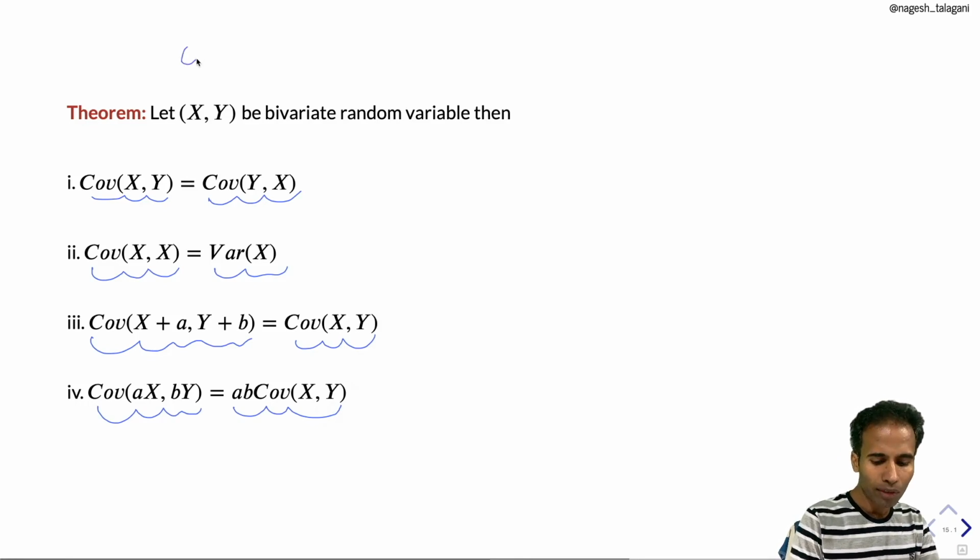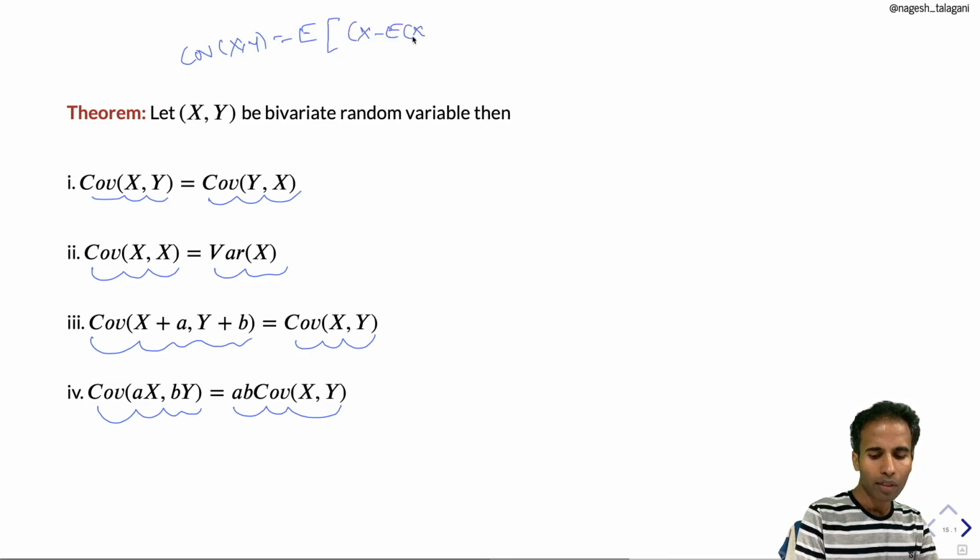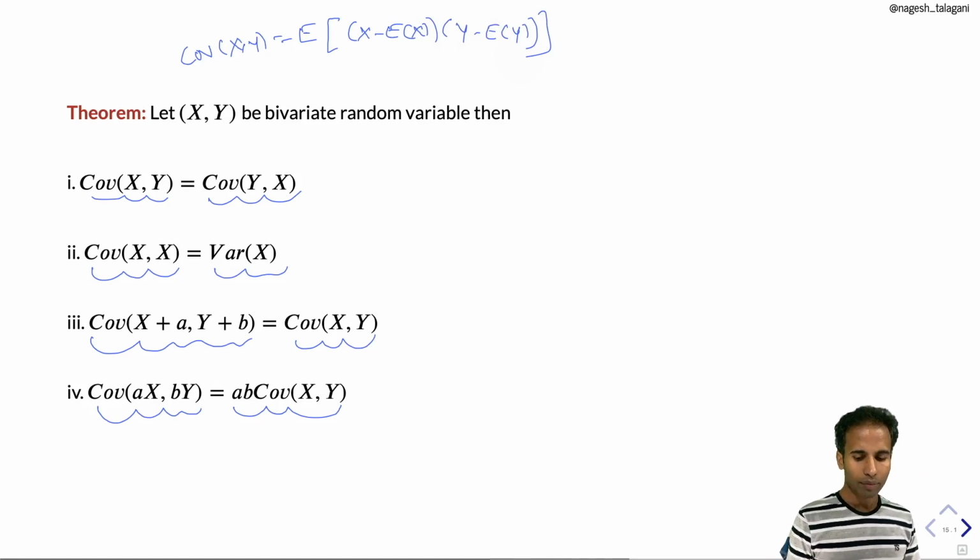What is the definition of covariance of x comma y? The expectation of x minus expectation of x times y minus expectation of y. Okay, fine. As you can see, the definition is symmetric in x and y.